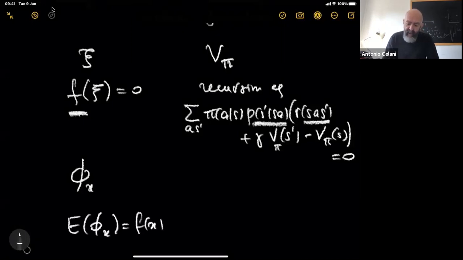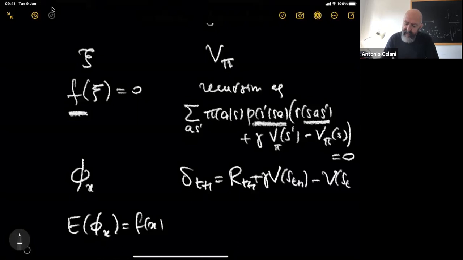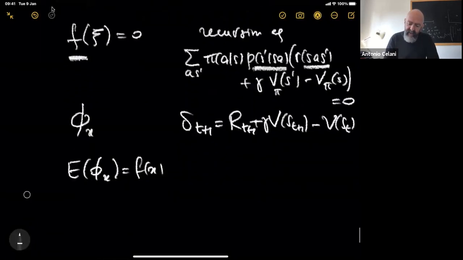So what is this? Well, this is the temporal difference error that I introduced last time, which is the reward minus a generic vector b at s_t plus gamma times b at s_t+1. And my guess x at any time t will be some vector estimate for my value, which I put here.